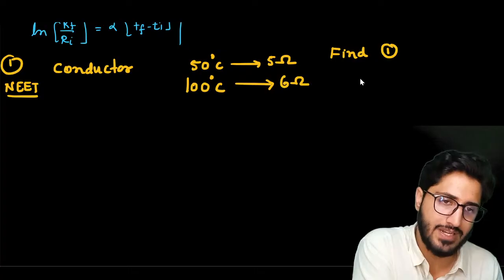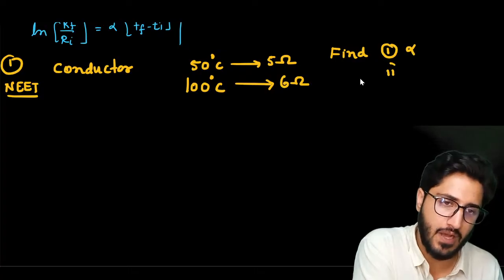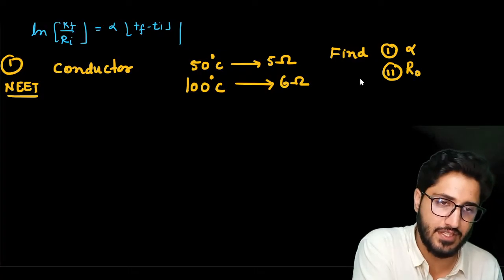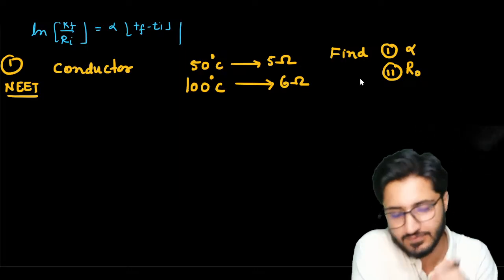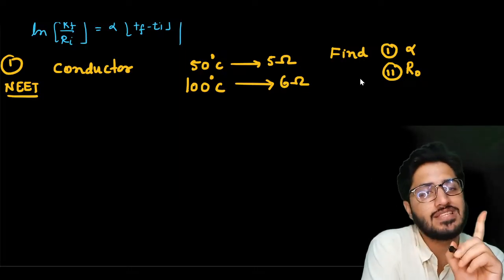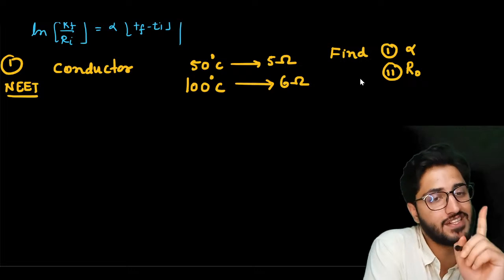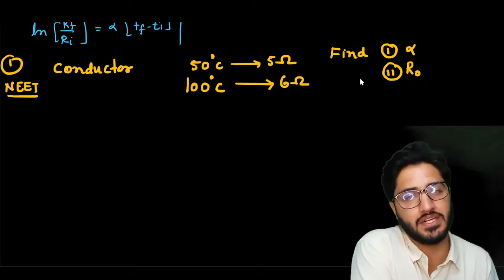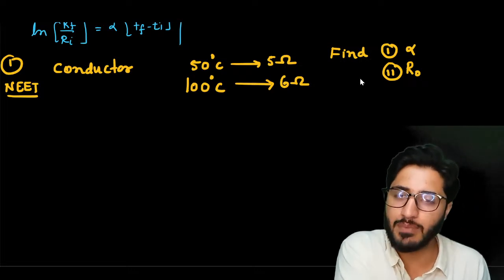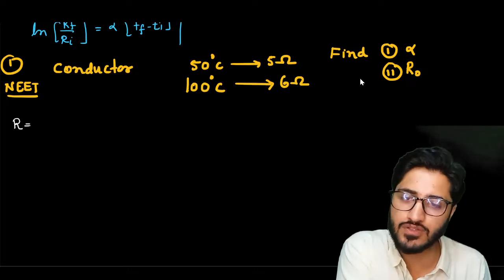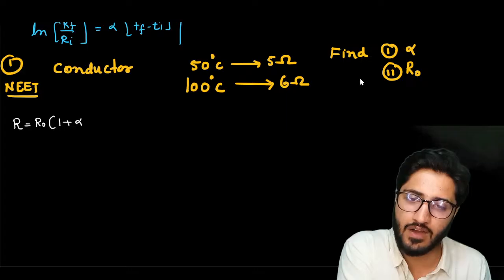Find, first part, what is alpha? Second part, what is the initial resistance? These two things we need to find. Sir, how to get it? What is the equation? My equation is R equals R naught times 1 plus alpha (T final minus T initial).